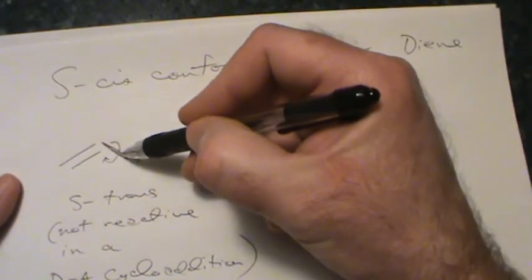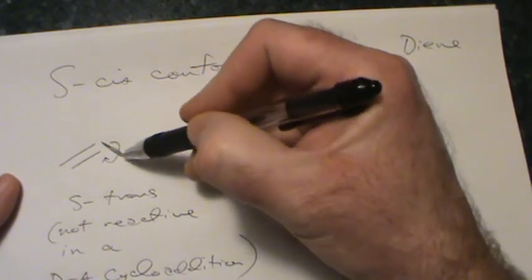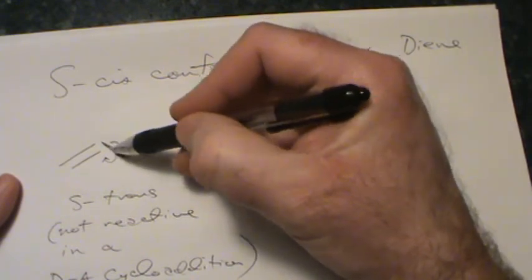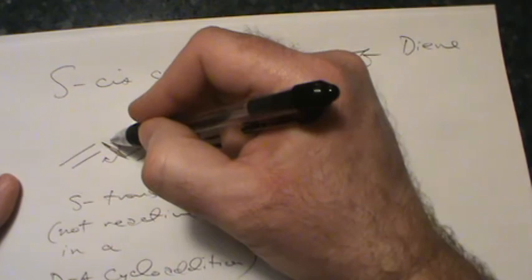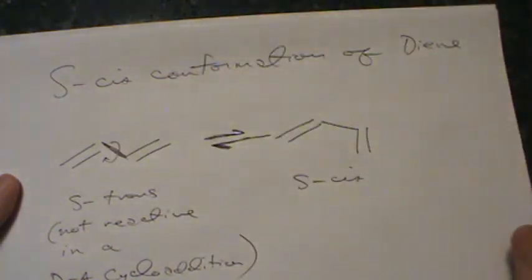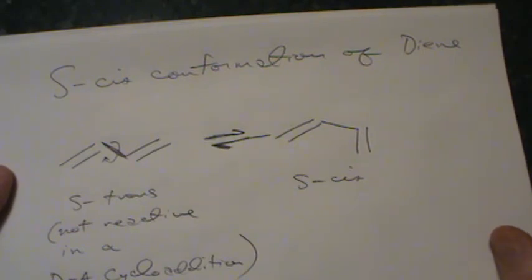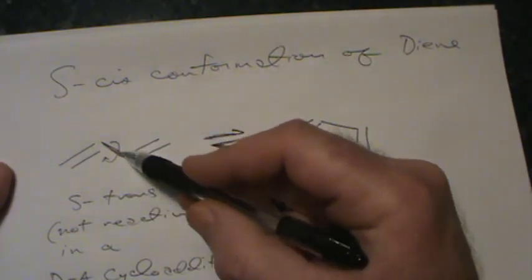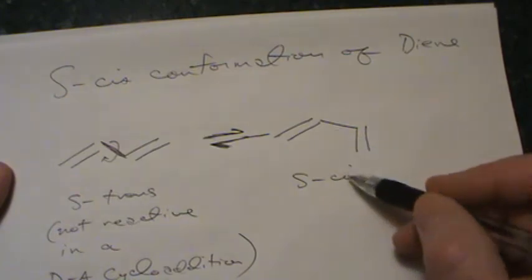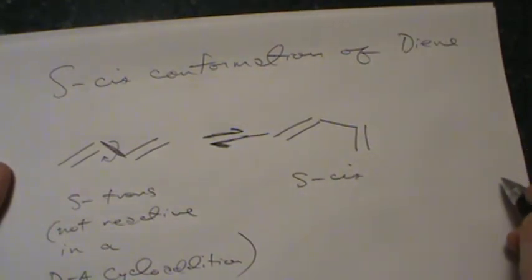There's a p orbital there and a p orbital there, and they definitely share or talk to each other, share some electron density. That gives it a little bit of pi character, so it's not as easy to rotate this particular carbon-carbon single bond as it is with most carbon-carbon single bonds, let's say in an alkane, but it can be rotated, and when it is rotated, you generate the S-cis conformation.